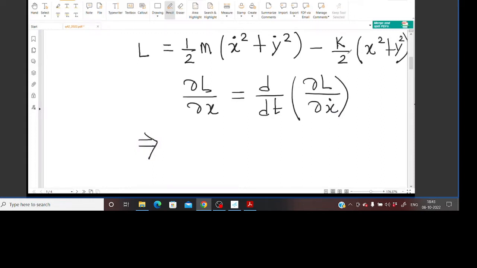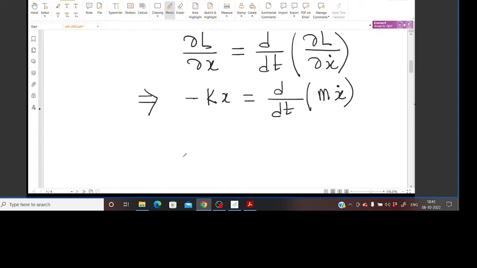Del L del x is equal to minus kx. Del L del x dot is equal to m x dot. So we have obtained m x double dot equal to minus kx.